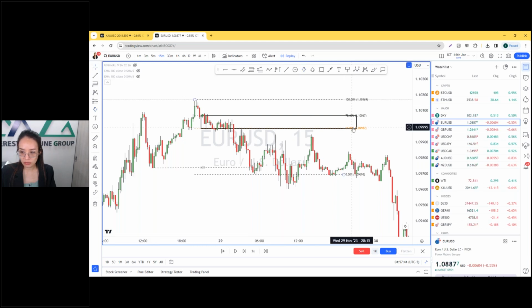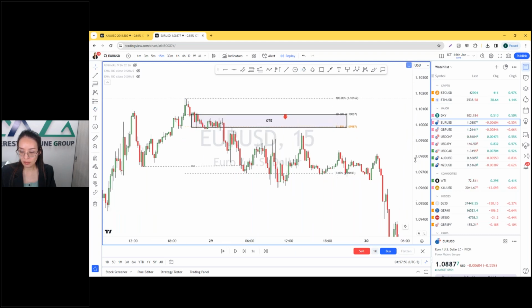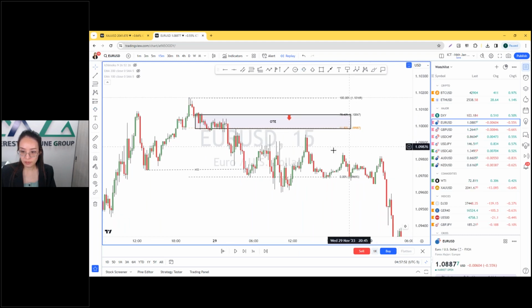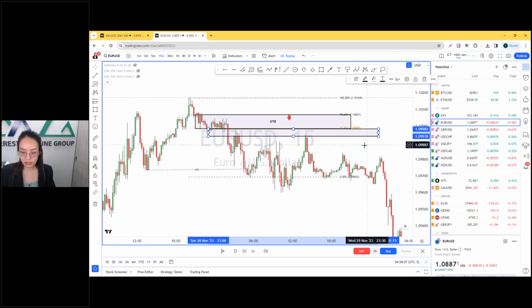Optimal trade entry around this price, and then you wait to sell here, for example. But you will miss the entry because of this week and this week. For myself, I will mark this as my sell zone somewhere here. So basically, I will enter here at my one entry.